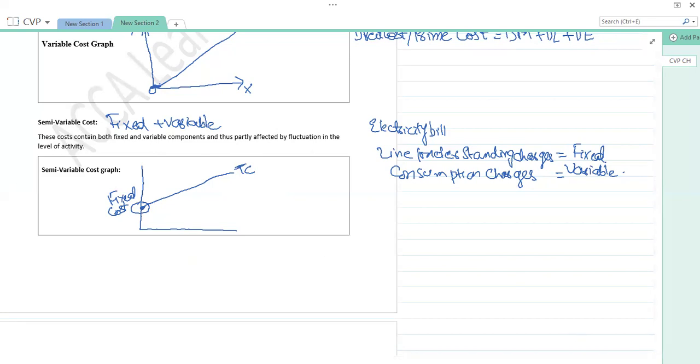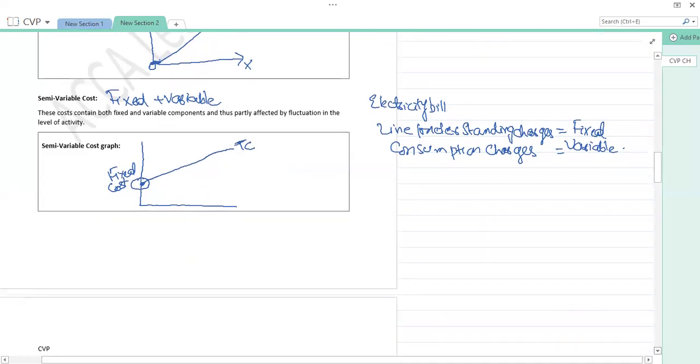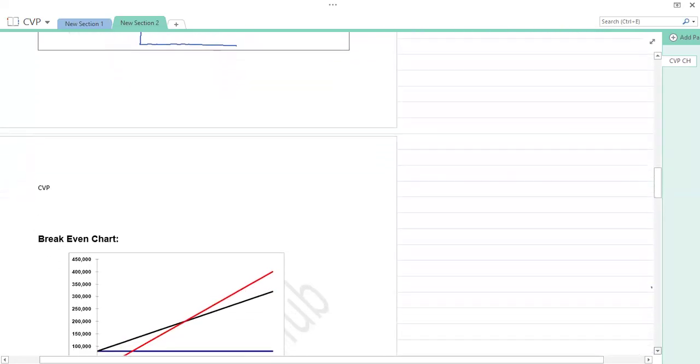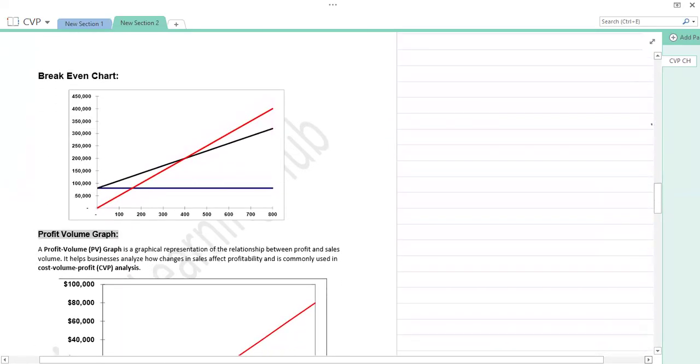Now, we will make the graph for the single product break-even chart. When we draw, we will draw on the graph fixed cost, total revenue, and total cost.